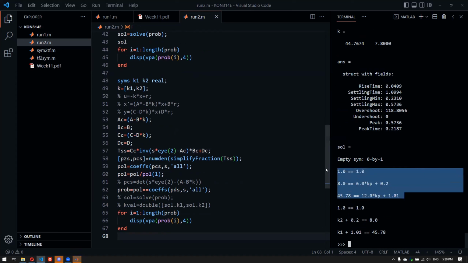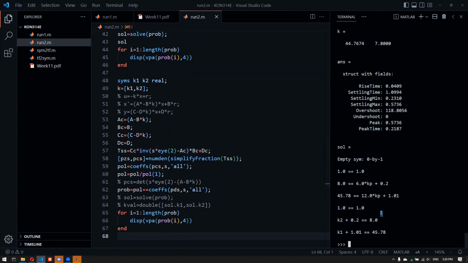Now the first problem is a P-type controller problem, and we can see we cannot assign it. But for the PD type, actually for the state feedback type controller, we have two unknowns and two equations. So there's a unique solution here.